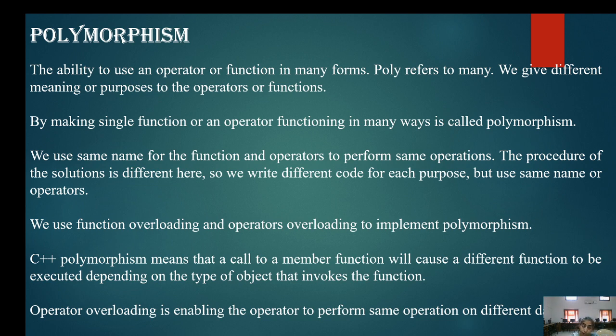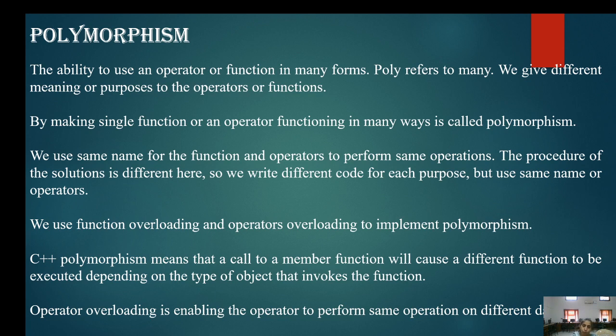So we give different meaning or purpose to the operators or functions, but their primary functions still exist. They just extend the capabilities of the operator and function. They don't modify them. They don't change their already existing functions or processes. Making a single function or operator function in many ways is called polymorphism.